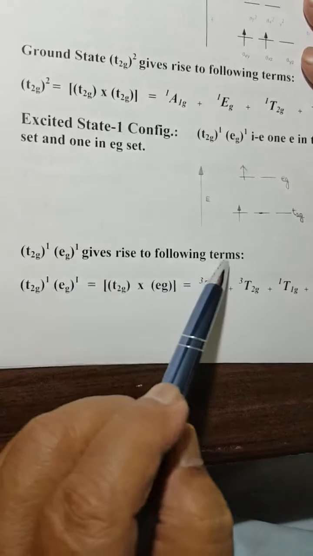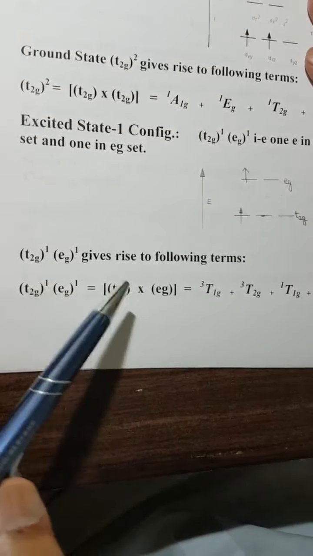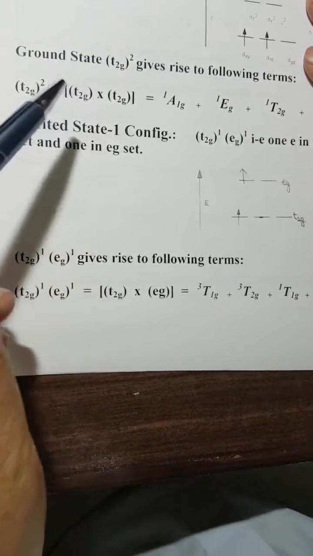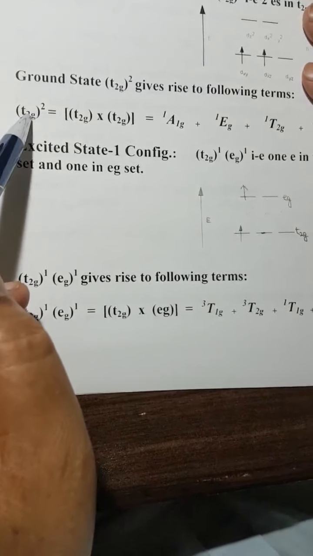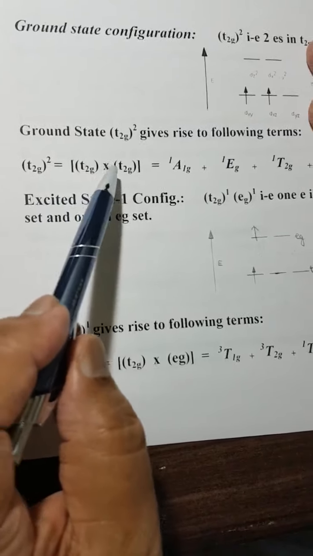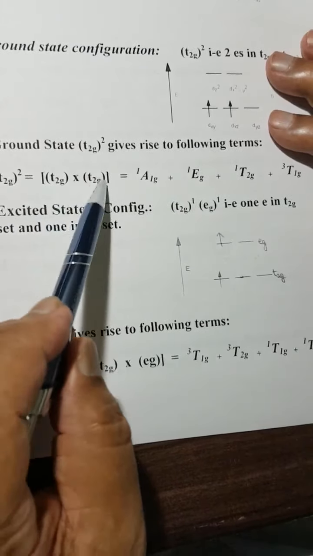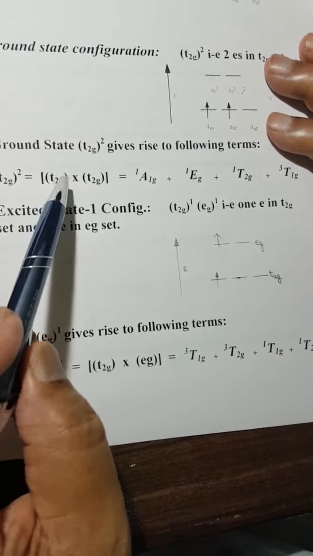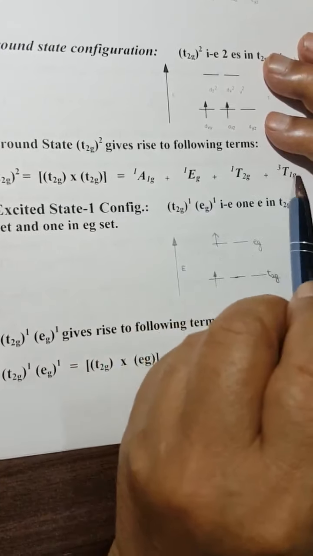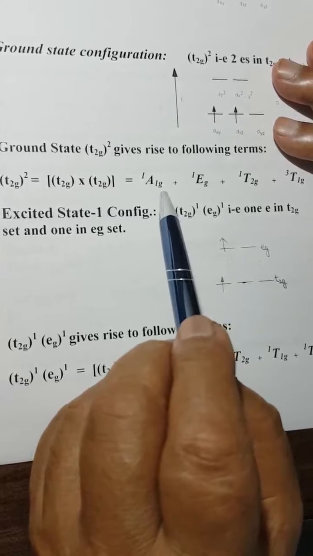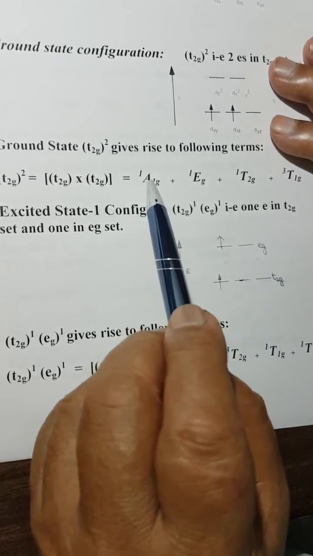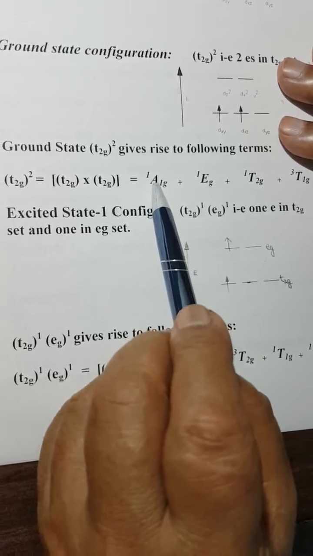This gives rise to the following terms. Now please note, due to inter-electronic repulsion, this t2g, we will consider t2g multiplied, but this is dot multiplication. It gives these ones. You will learn it in group theory later on, but these are again group theoretical terms.